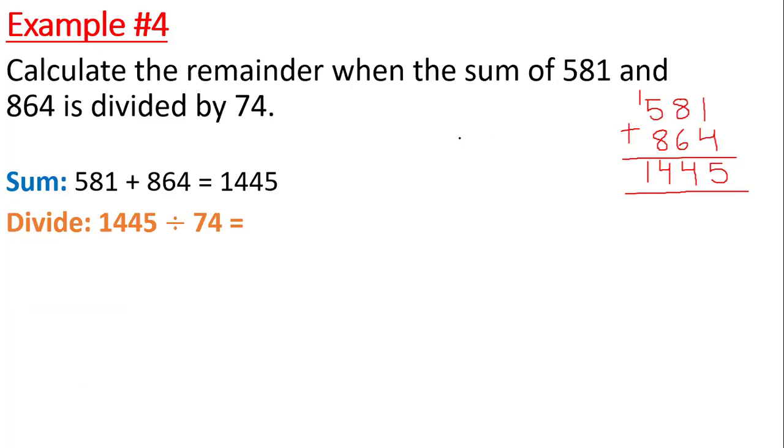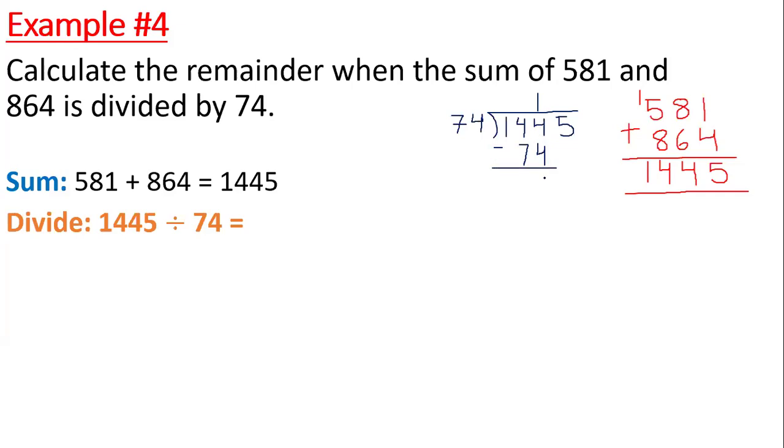So how many times does 74 go into 144? 1 time. 74 times 1 is going to be 74. We subtract.